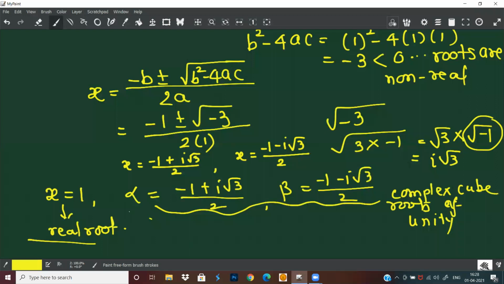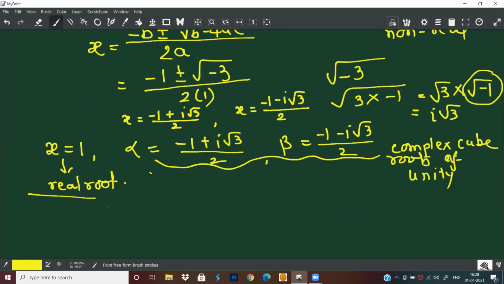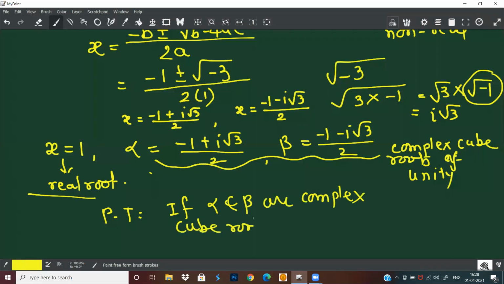Now here, many times in exam, they ask you to prove that if alpha and beta are complex cube roots of unity, prove that alpha square is beta and beta square is alpha.